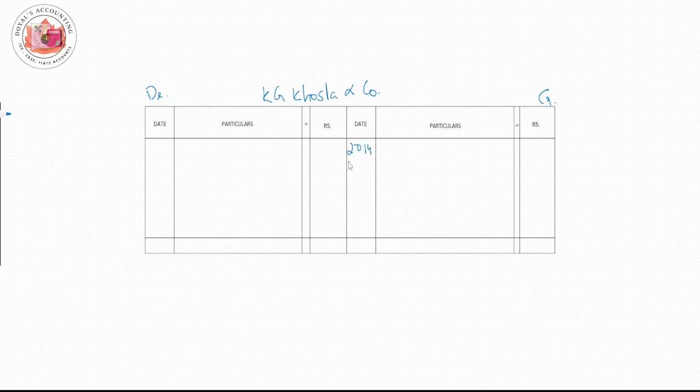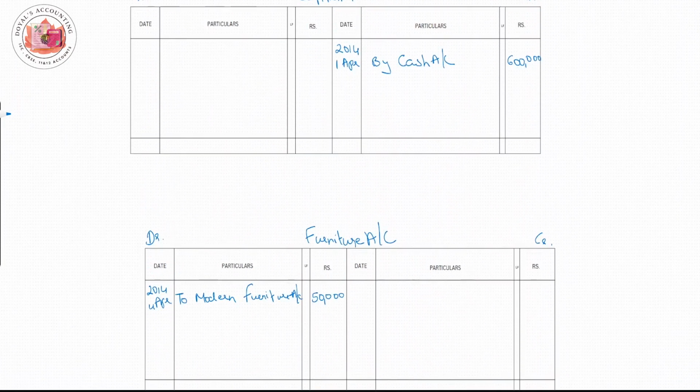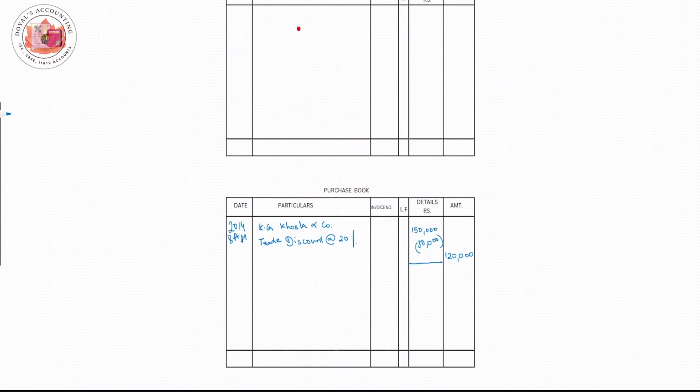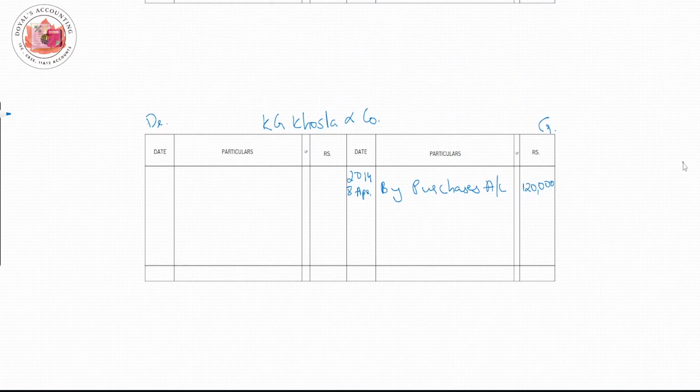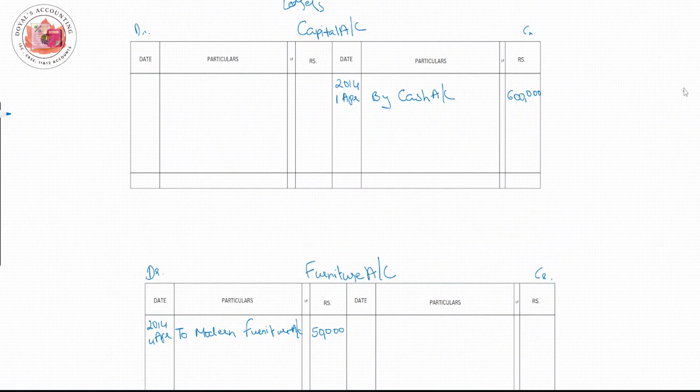So 2014, 8th April, by purchases account 1,20,000. Usually in the journal entry we would write purchases account debit to KG Khosla. Now we are not recording this credit purchase in the journal. We have recorded it in the purchases book. And the other part of the entry we will record in the ledger account, by purchases account, which will come on the credit side.